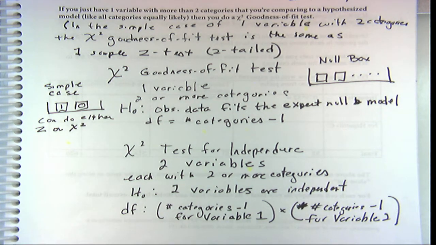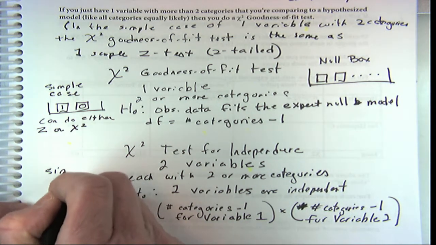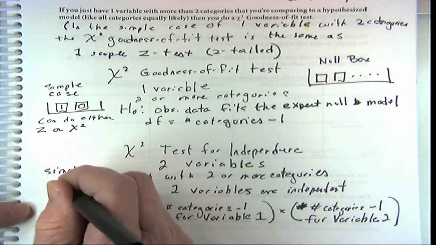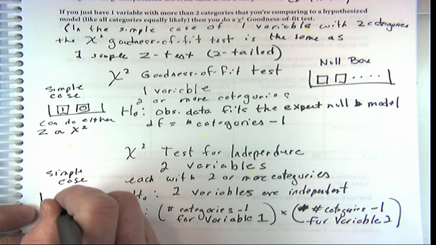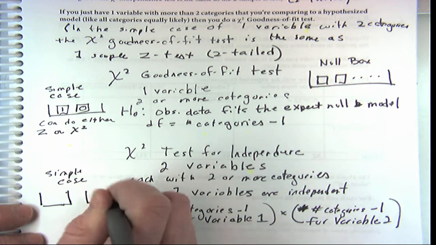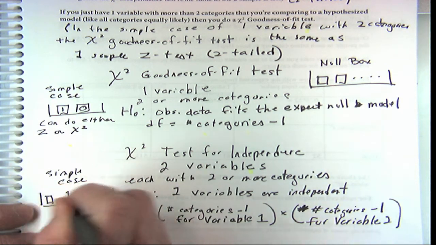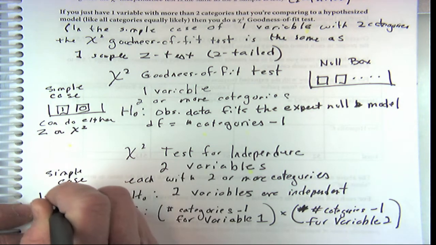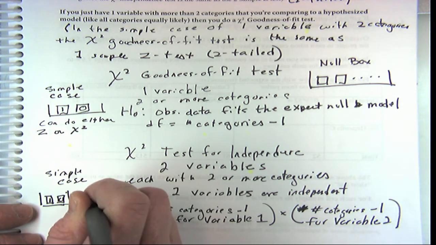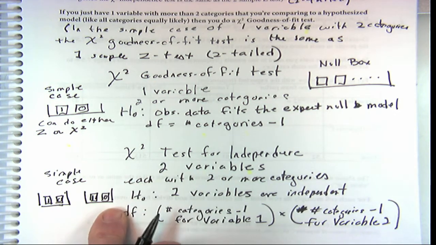Okay, so in the simple case, it would just be like a two-sample z-test. You'd have two categories and two categories, so you could code them as ones and zeros, like that.